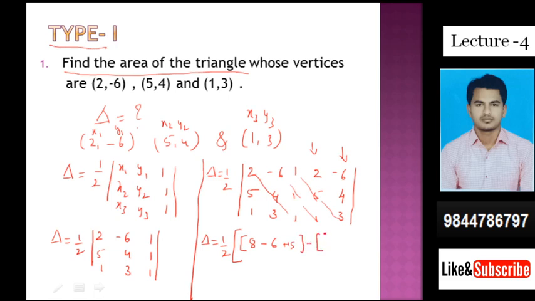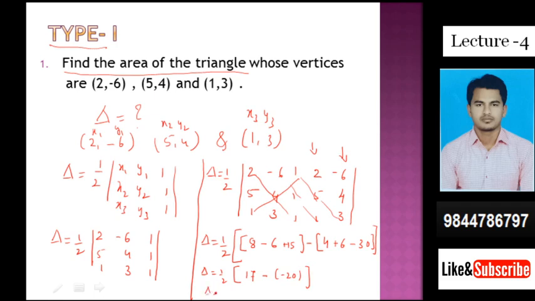Minus of again a bracket: 4 1s are 4, plus 3 2s are 6, minus 6 5s are 30, big bracket close. This delta is equal to half into, again a bracket, 15 minus 6 that should be 9, means 17, minus 10 minus 20, here minus 20, 10 minus 30 is minus 20, minus into minus is plus.